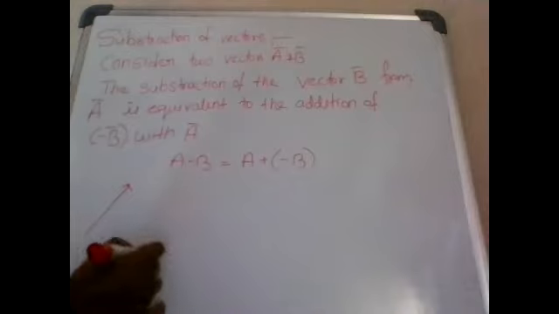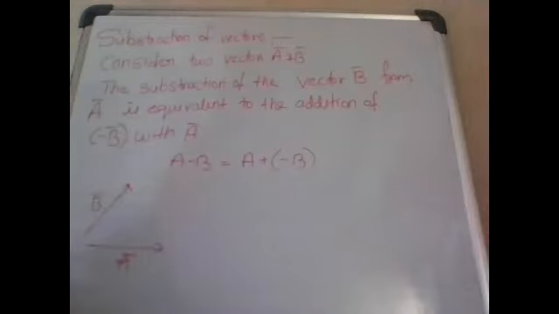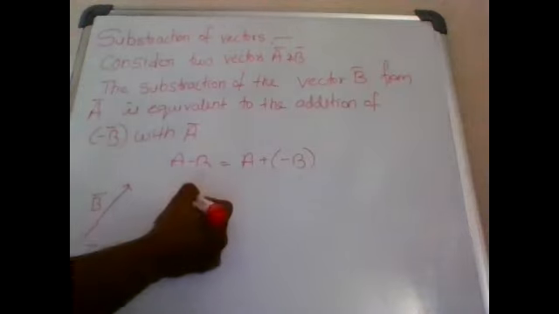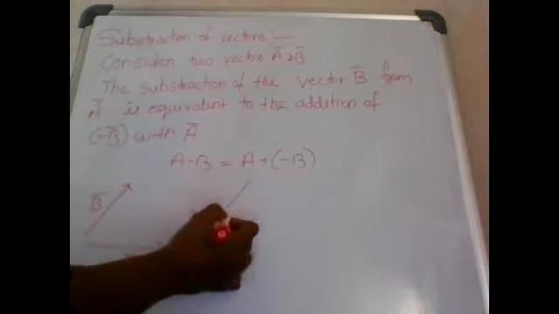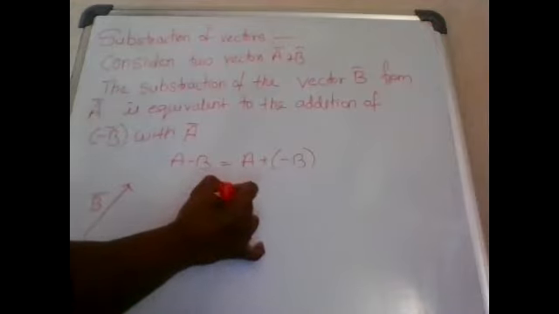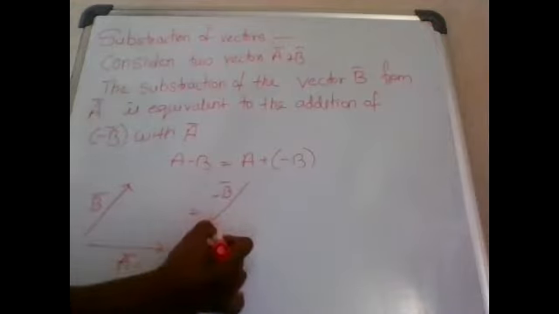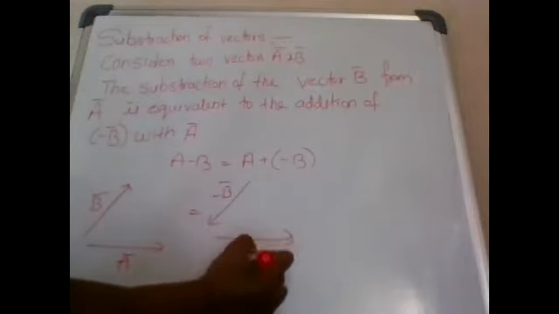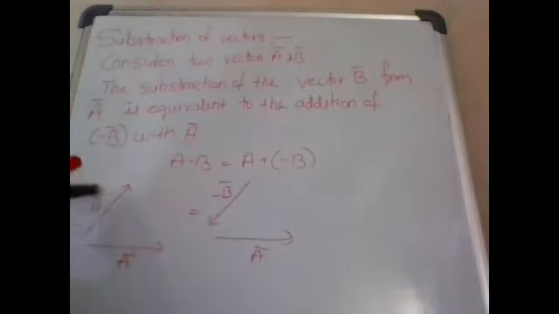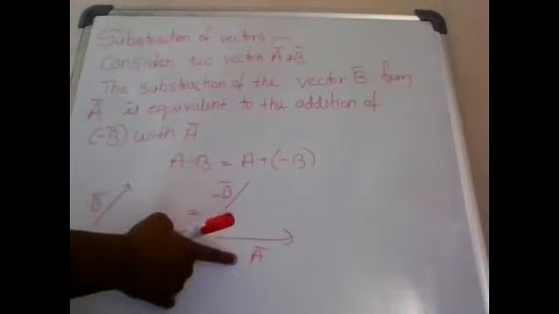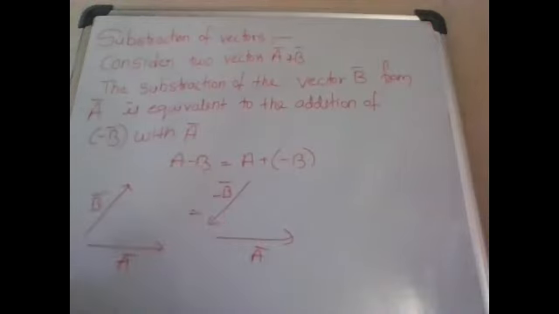So this is a vector and this is b vector. In subtraction, both are in opposite directions. Here the magnitude is the same, and the directions are opposite.